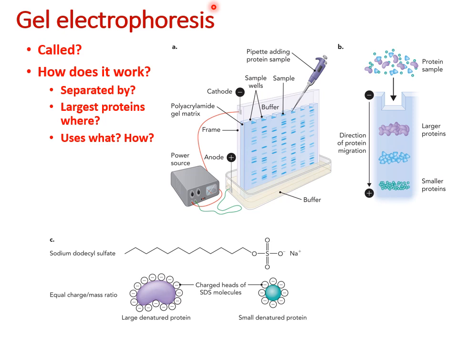Okay, now in addition to the proteins running across the gel because of charge, the other aspect of this that's important is that whenever you have gel matrices, whether it's agarose for DNA or polyacrylamide for the proteins, you can't see, but there's these tiny pores that make up that matrix.